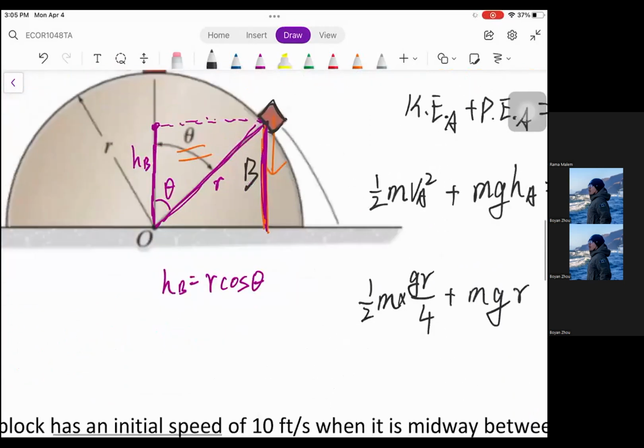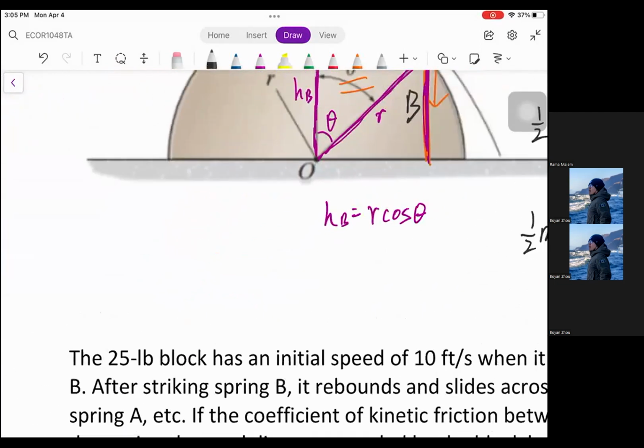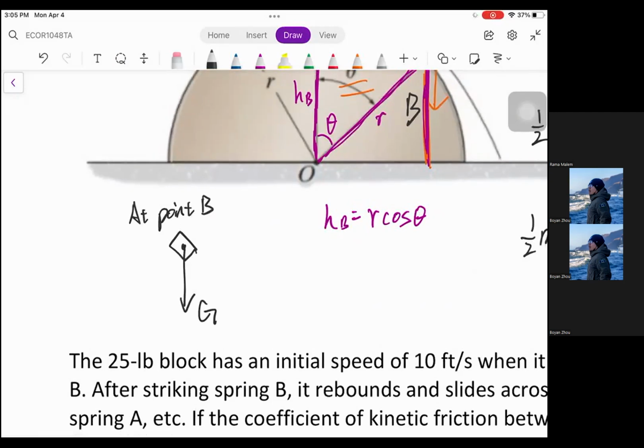So that would be it. I'm gonna draw it here. When the box is just about to fly away at point B, the only force applied to it is just the gravity. And then we can project the gravity into two components.